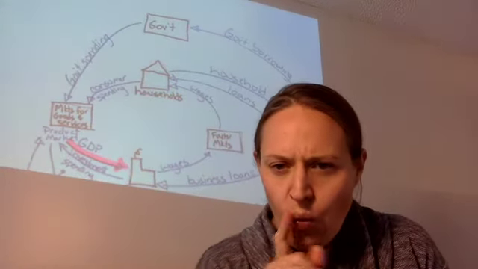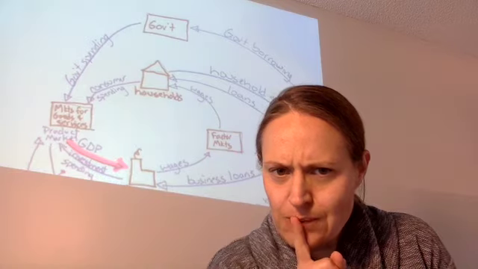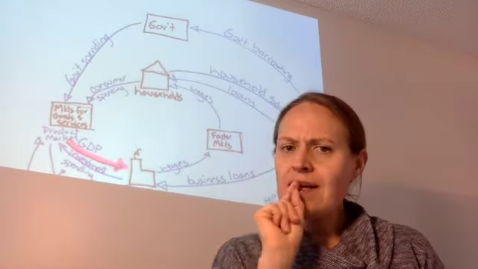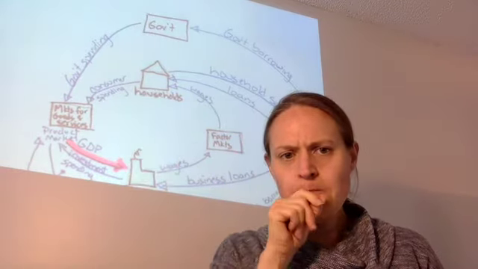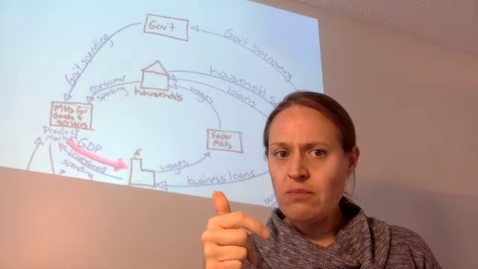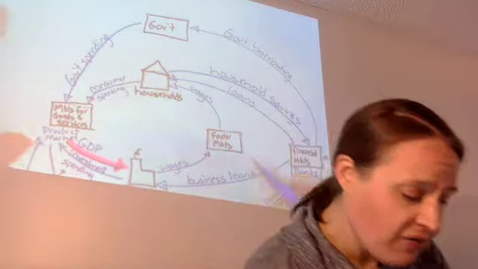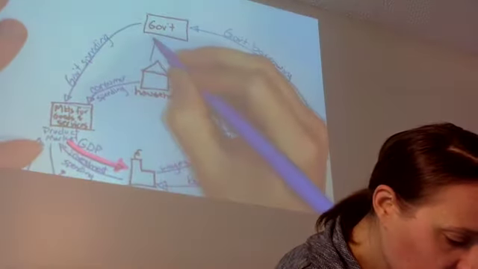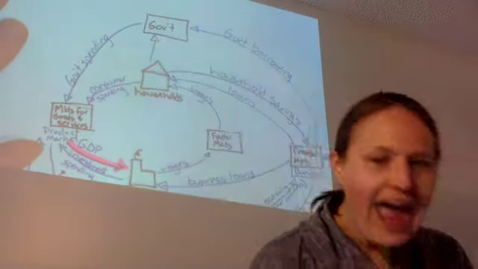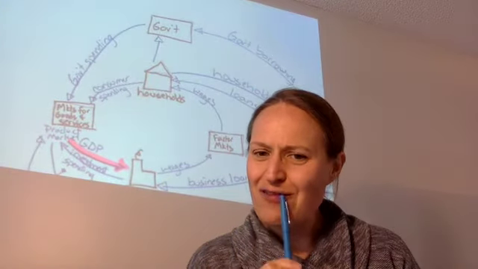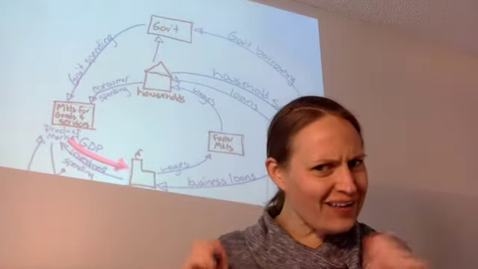And where else does our money go to? We send money to the banks as savings. We send money to firms to buy things. And we send money to the government. And money that we send to the government, of course, is called taxes.